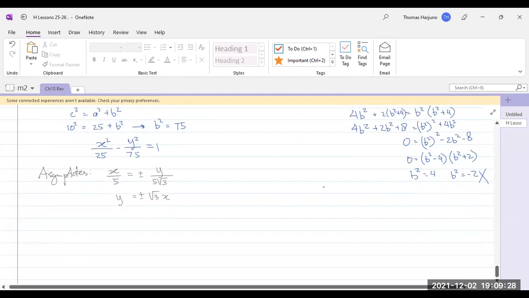So x squared over a squared plus y squared over b squared equals 1. Now we know that b squared equals 4, and a squared equals b squared plus 4. That's it. That's the equation.